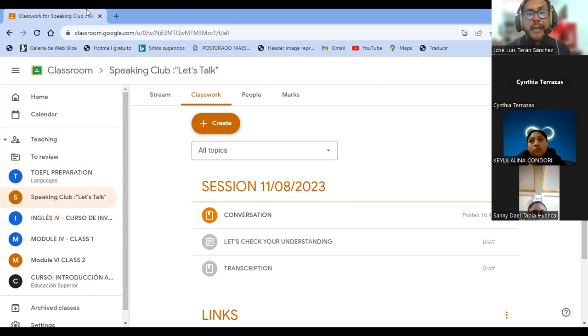Then each group is going to present their conversation to the class, in English. We're going to do really short conversations, so don't be afraid about that. That's why you need to have your cameras open, at least until the third part of our session. So before we start, do you have any questions?